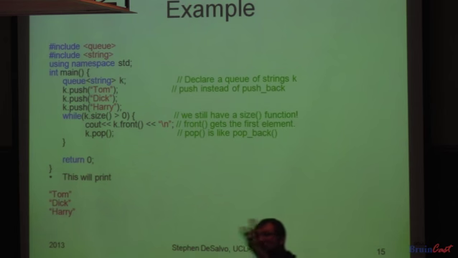Question? So queues and stacks, you can only access the first element in the queue? There's no other method for anything else? So the answer is for queues and stacks, you can really only access the ends. You can also access the last element.